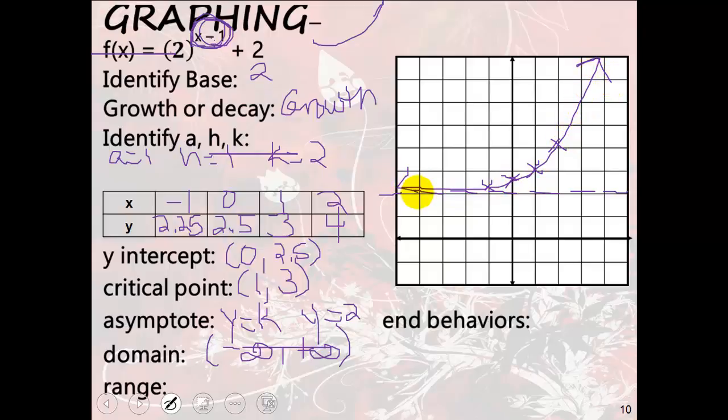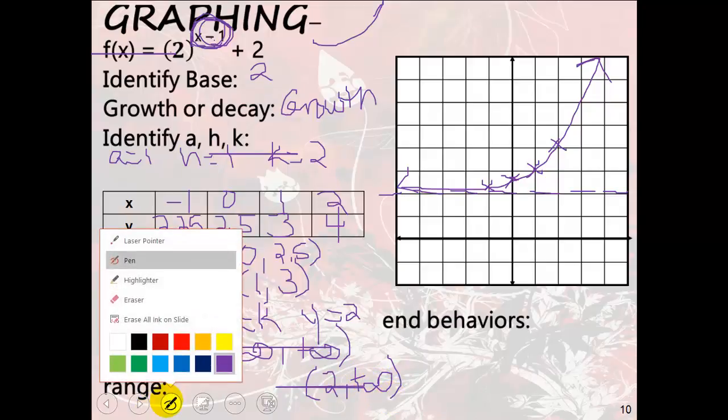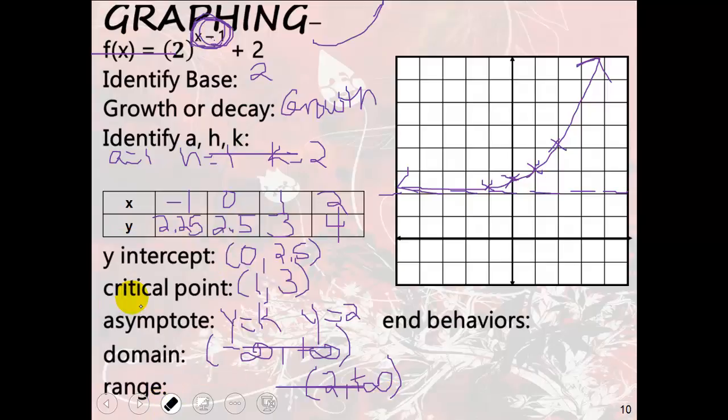Okay? Just like that. Everything is shifted up. So my range, my smallest y value is getting closer and closer to that horizontal asymptote. So it's going to go from 2 to positive infinity. So your range is going to be affected by your k value.